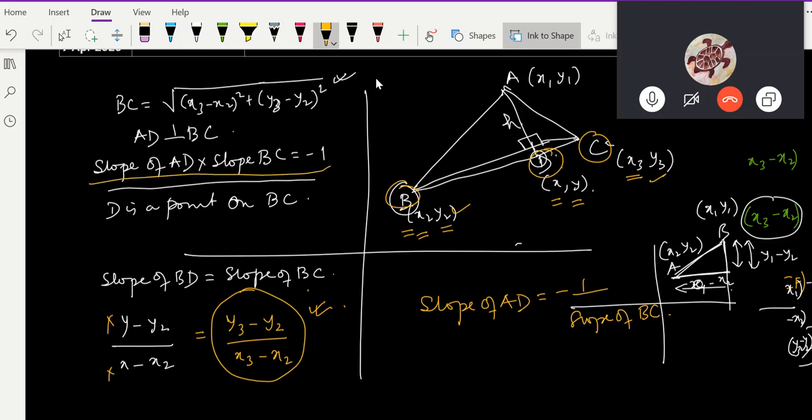So that is minus of, I take the reverse of this, so x3 minus x2 by y3 minus y2, right? Yes, sir.